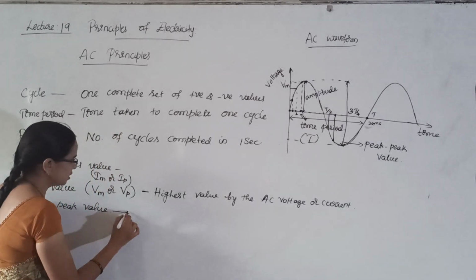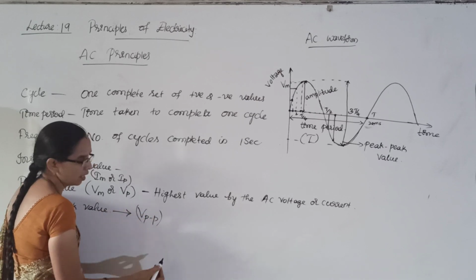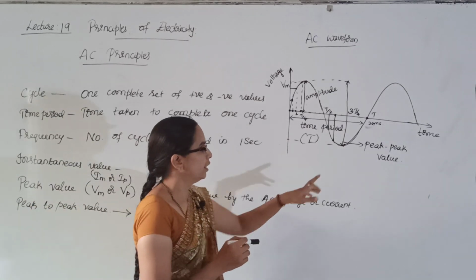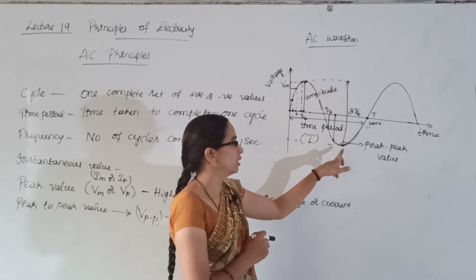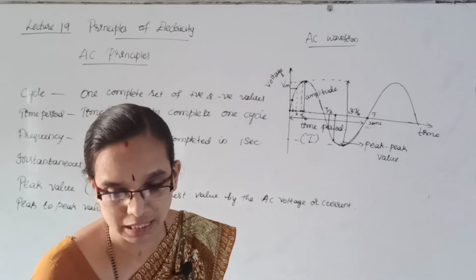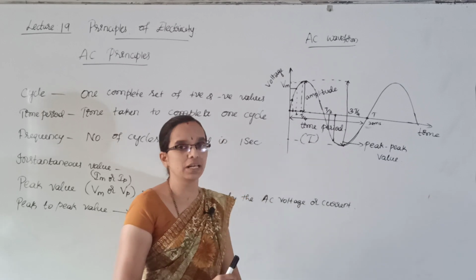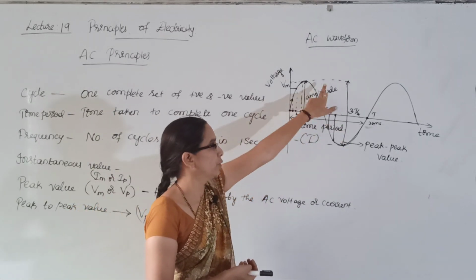Okay, and the next one is peak to peak value, represented by Vpp or Ipp, which is the distance from the negative peak to the positive peak.